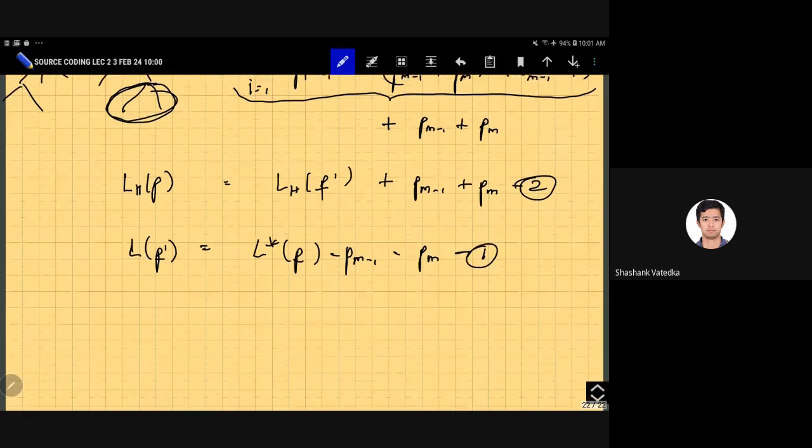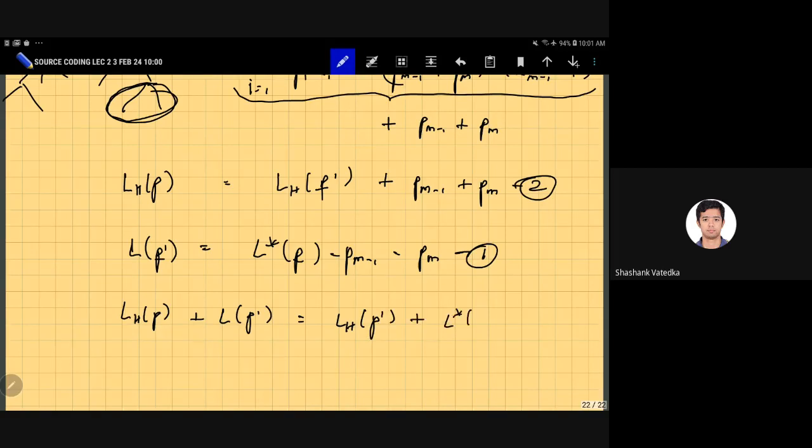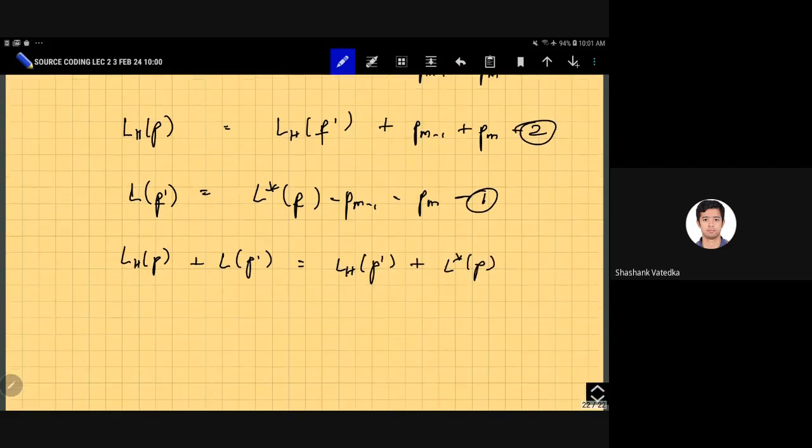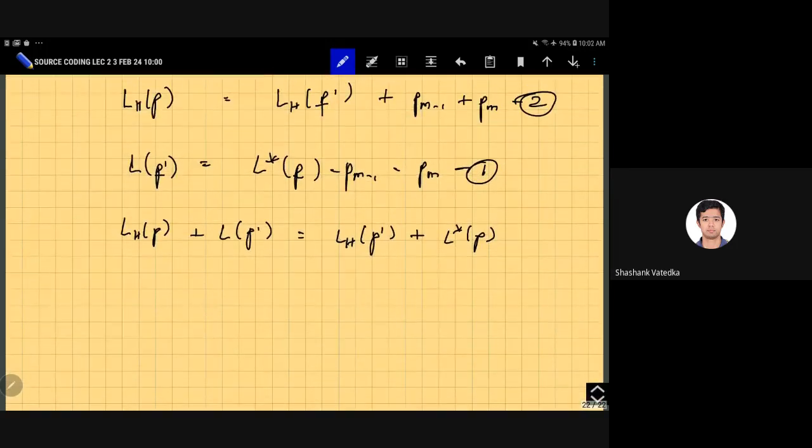Now what happens if I add equation 1 and 2? I get L_H(P) plus L(P') is equal to L_H(P') plus L*(P). But what I know is that L_H(P') equals L*(P'), because the Huffman code is optimal for m minus 1 symbols.